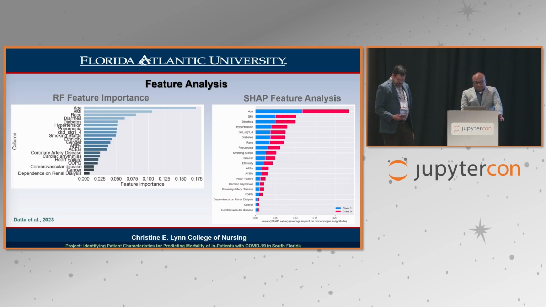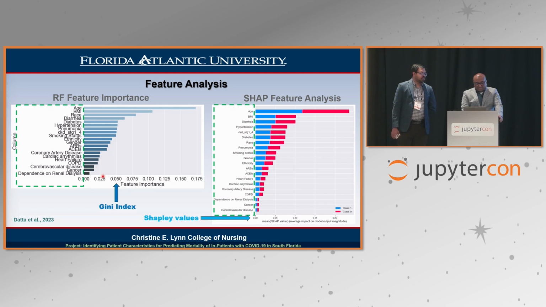Now this is the important case, the post hoc analysis. We used two different analyses. One is SHAP analysis, which is model-agnostic, and the other is random forest feature importance analysis, which is model specific and depends on Gini importance. You see the Gini index written here, for 20 features.